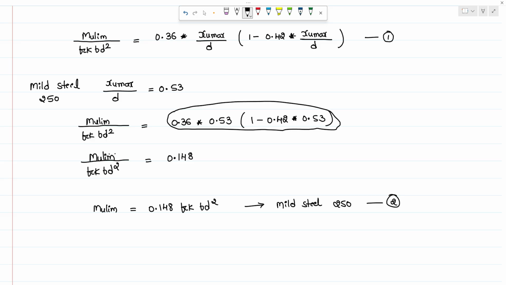So similarly calculate it for other grades of steel. So next for Fe 415 grade steel, first let me note down the xu max by d value. So it is 0.48.